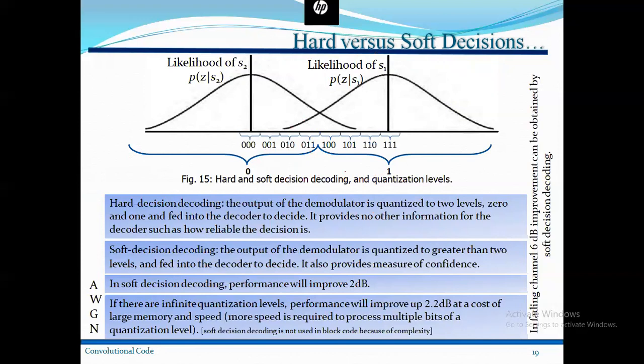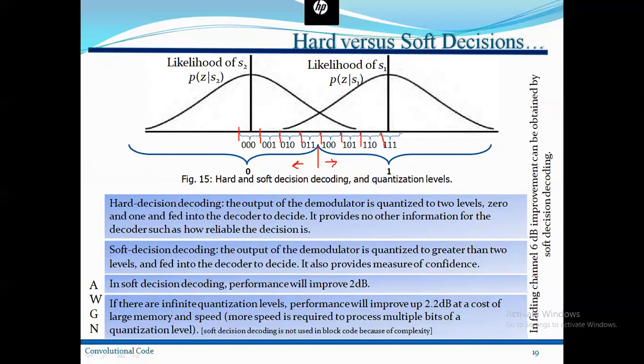If we decide directly between 0 and 1, that is in fact the hard decoding criteria, but the soft decoding will quantize the decision boundaries. It will quantize the decision boundaries up to 8 levels, and these 8 levels will determine the confidence of your decision.